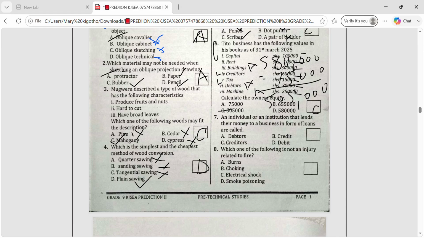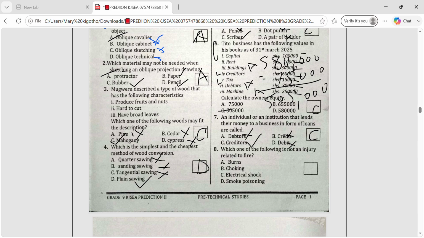These are people who owe the business money. So that's out. We go to credit. Credit is a type of transaction, and not a person or an institution. We go to debit. It is an accounting term and not an entity. So that's out. So we are only left with creditors, and the answer there is C also.